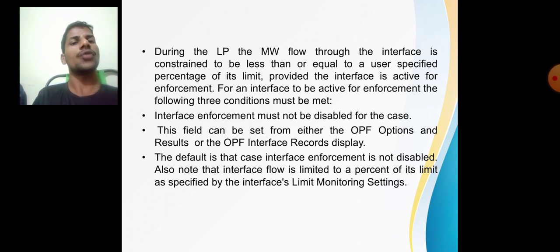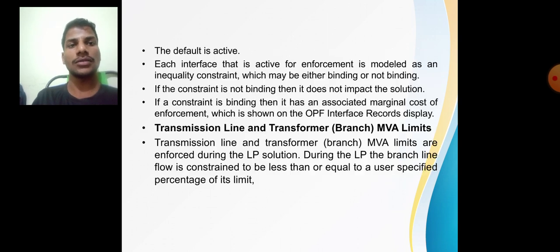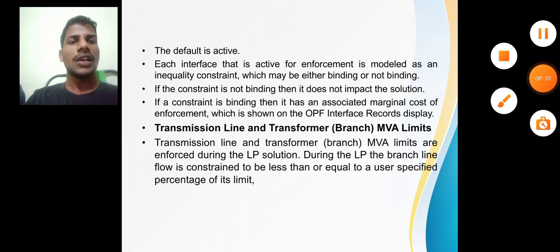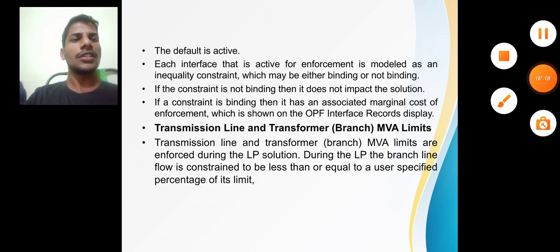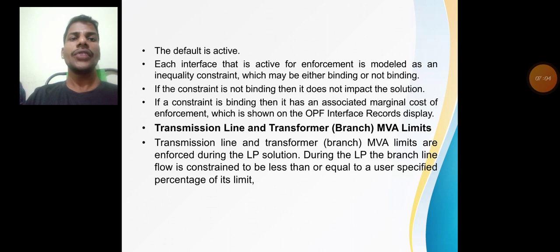Note the interface flow is limited to a percentage of its limit, specified in the interface limit monitoring settings. The default is active. Each interface enforcement is modeled as an inequality constraint, which may be either binding or non-binding. If the constraint is not binding, it does not impact the solution. If any constraint is binding, there is an associated marginal cost of enforcement.